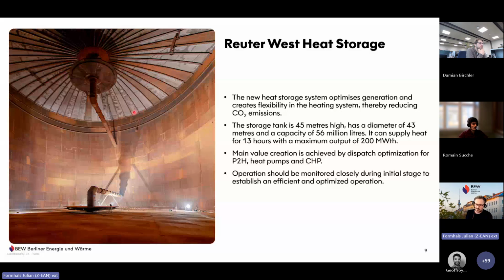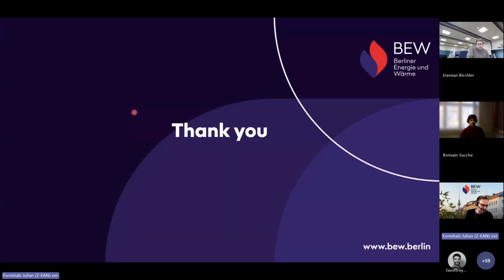And operation should be monitored quite closely, especially during the beginning, to see that the actual operation comes close to what was initially planned for the storage. Okay, thank you.